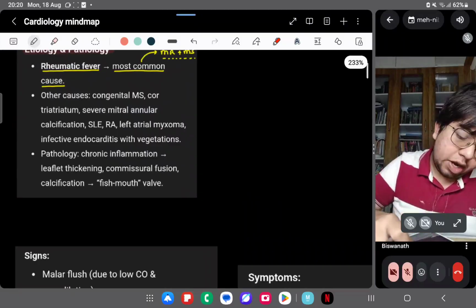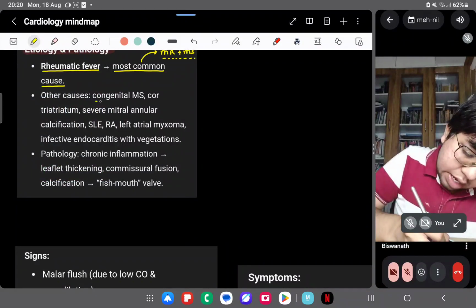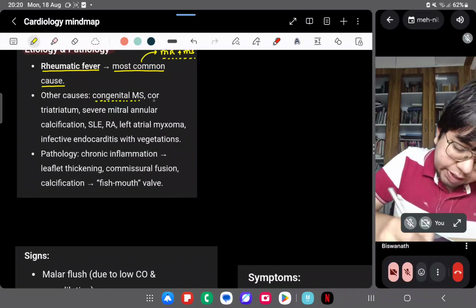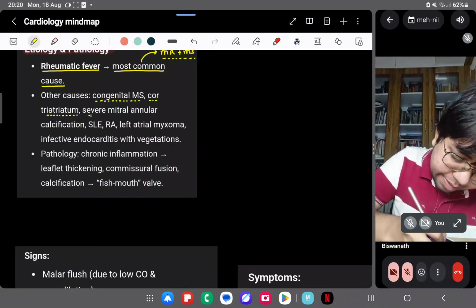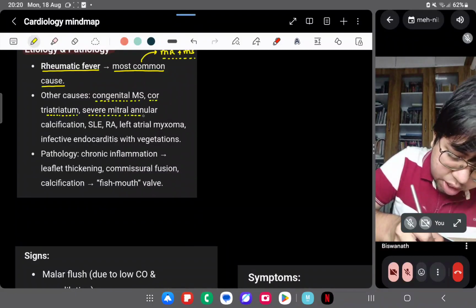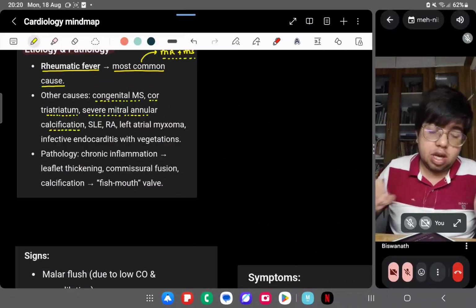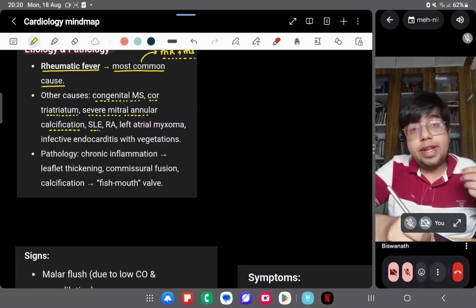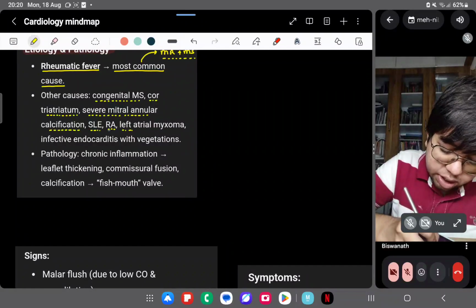If I talk about other causes, it can be congenital MS. It can be cor triatrium. It can be severe mitral annular calcification. I told you it may be associated with calcification. It can be associated with systemic conditions like SLE, sorry, rheumatoid arthritis.